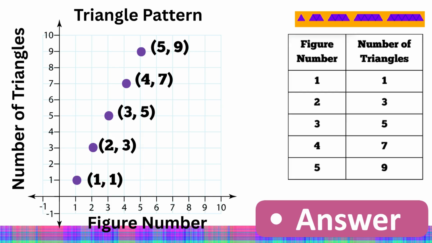Welcome back. Here you will see that the coordinate grid has a title, triangle pattern. The horizontal axis is labeled figure number. The vertical axis is labeled number of triangles, and each point is plotted on the coordinate grid, followed by, in brackets, the ordered pair, or coordinates.